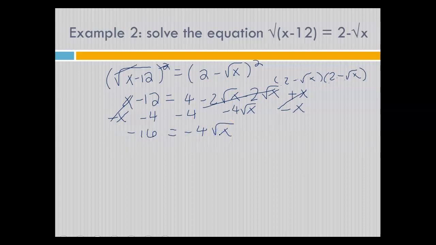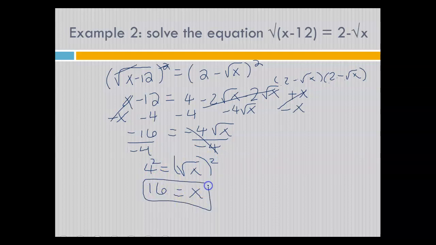So how do we isolate the radical? Divide by negative 4. A negative divided by a negative is a positive, so you get 4 equals the square root of x. How do you get rid of a square root? Square it. So x equals 16.